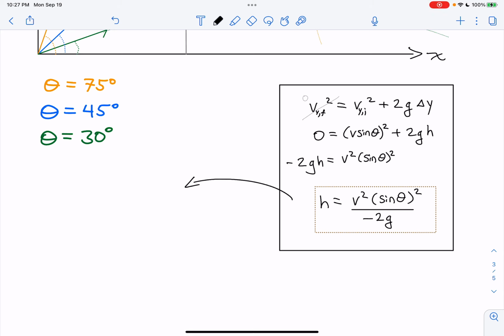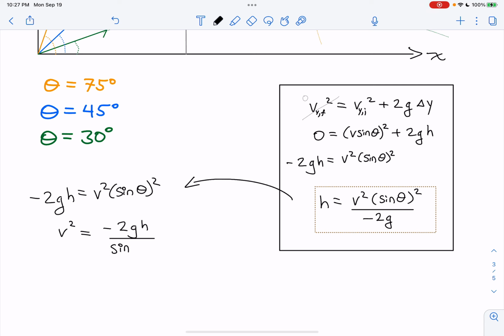First, we'll take the denominator, the negative 2g, pull that out to the side and say negative 2g h is equal to v squared sine squared theta. Then just flip the sign. So v squared will be equal to negative 2gh, and we pull that sine squared theta down into the denominator.